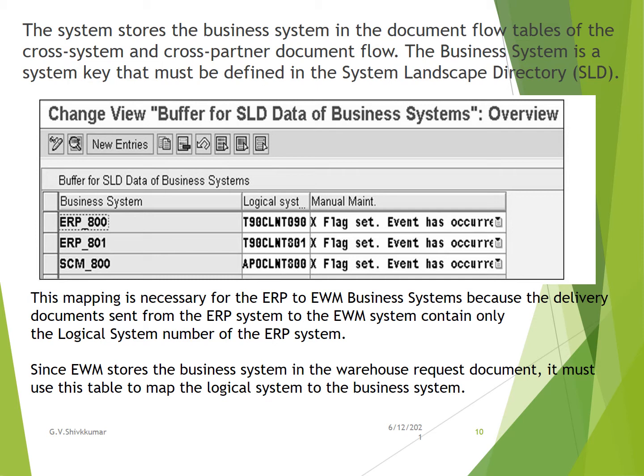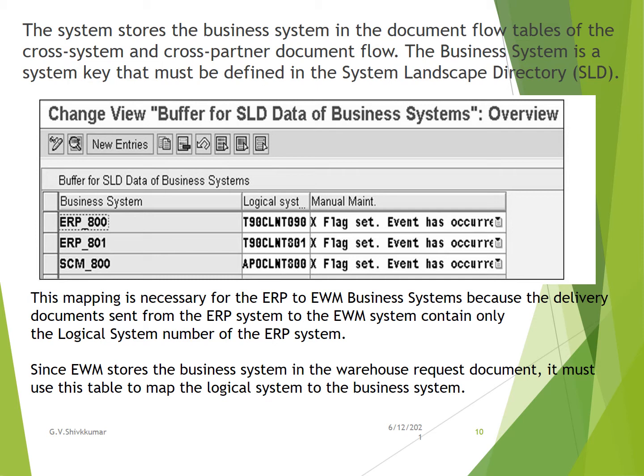We can define that in the system landscape directory, to define the two business systems. So ERP800 is an ERP, where the logical system is at 290. For manual maintenance, if required, we set the flag, event as occurred.